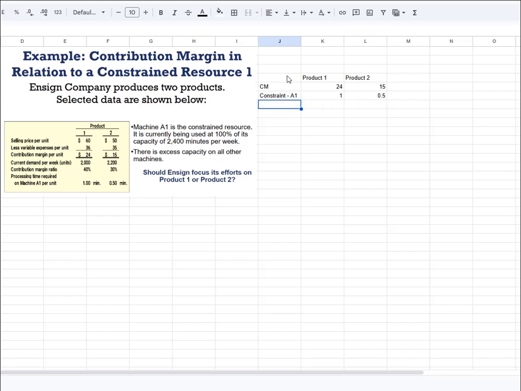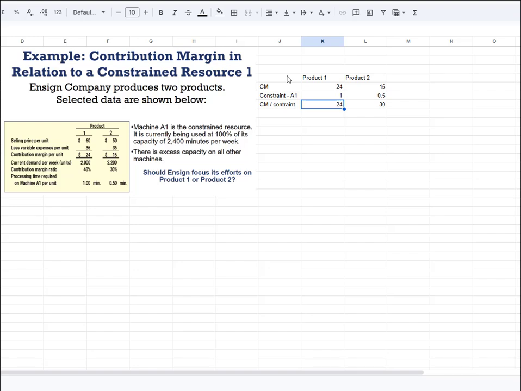So this means that the contribution margin per constraint is $24 divided by 1 for product 1, and $15 divided by 0.5 equals $30 for product 2.